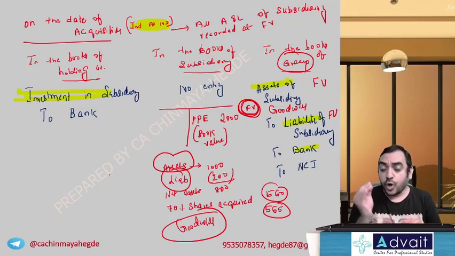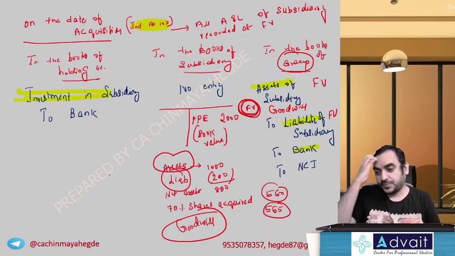Okay, so I hope you got the important aspect, that is the concept of group. The consolidation is not done in the holding company, is not done in the subsidiary, it is done in the group. That one thing, get it very, very clear. It is done in the group.